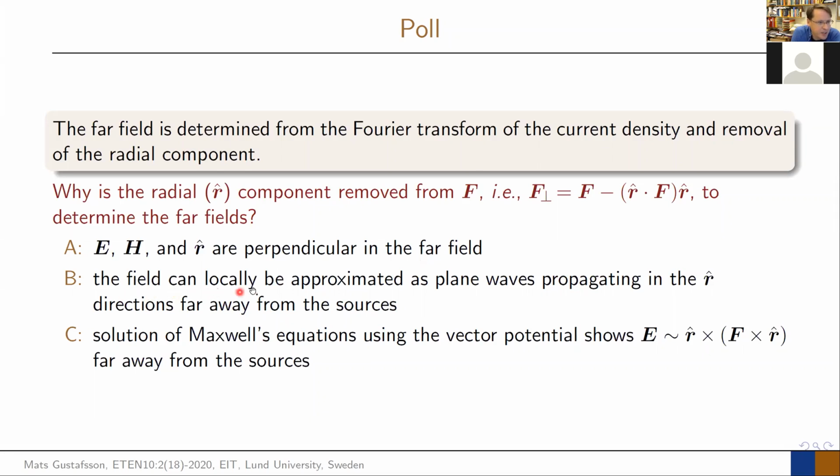B: the field can locally be approximated as a plane wave propagating in the r hat direction. C: you can use Maxwell's equations with what are called vector potentials and show that the electric field can be written as r hat cross (F cross r hat), far away from the sources. That is the question we have.